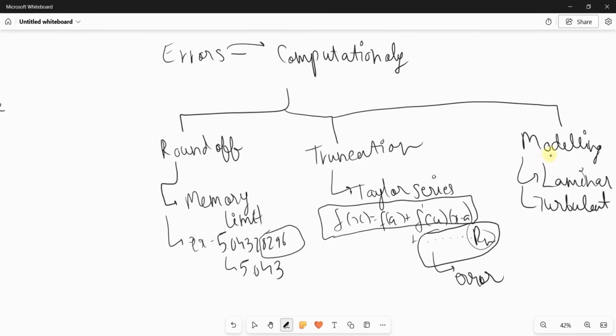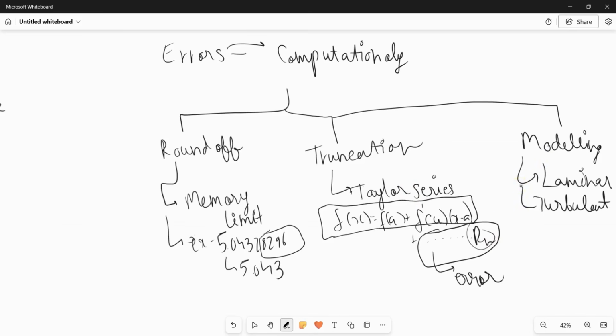So those errors are considered modeling errors. For example, if you have air flowing around an airfoil, and you use laminar flow, of course it's not going to be correct. You're going to have turbulent flow, right? So that is when you get modeling errors.